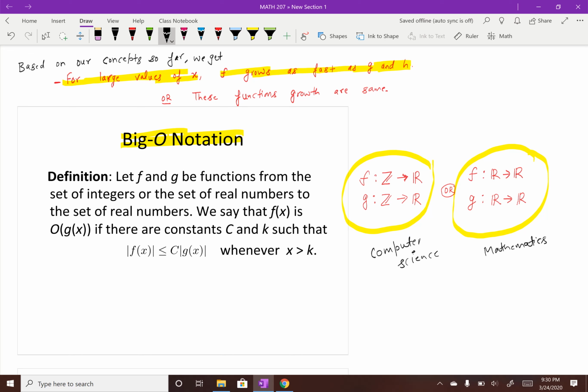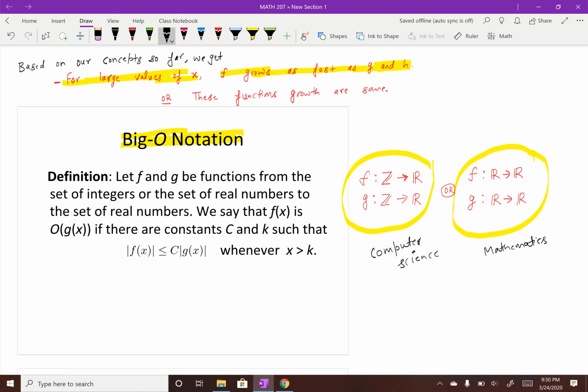So based on that, we can choose to define them either from a set of integers to a set of real numbers, or from a set of real numbers to a set of real numbers. It depends on whether we are interested in computer science or in defining them in mathematics in general.